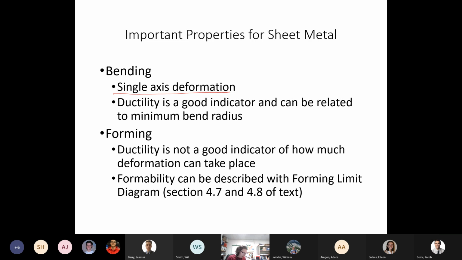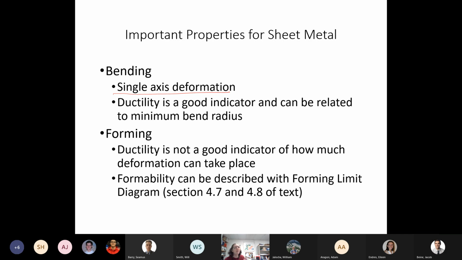And what we're often interested in is how much deformation can I do before failure? In sheet metal, failure is a little broader than it is in just a straight fracture. Failure in sheet metal is certainly tearing or fracture, also necking.